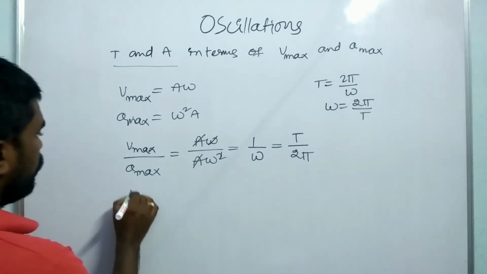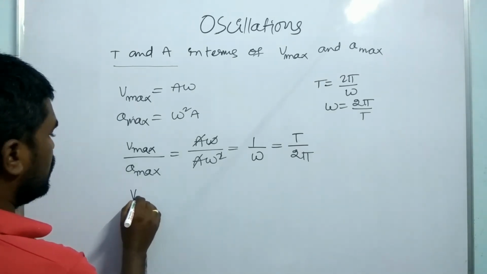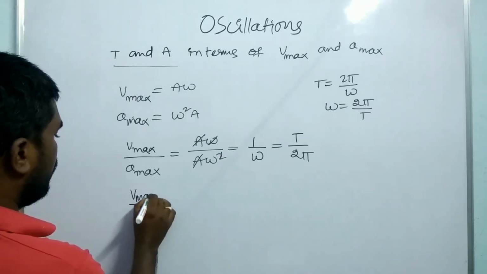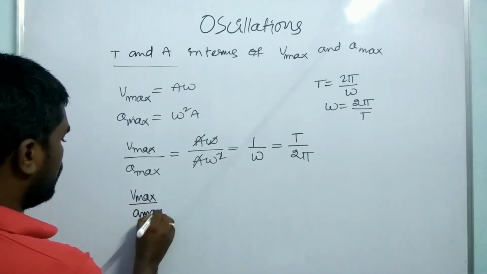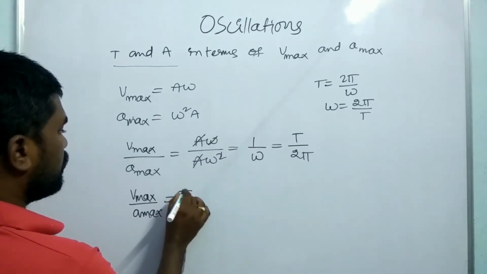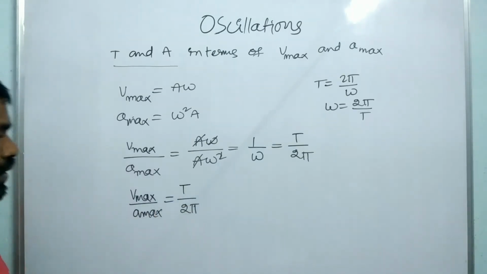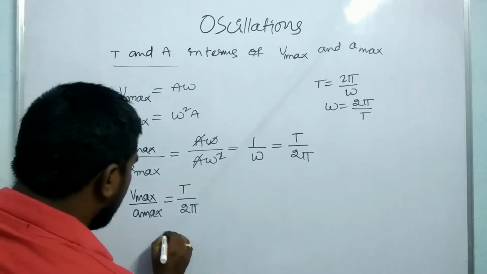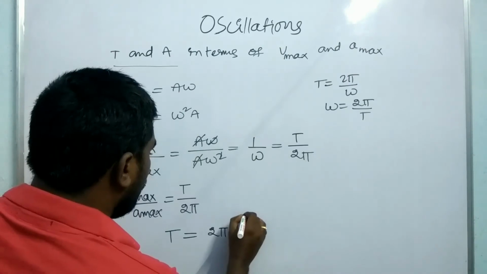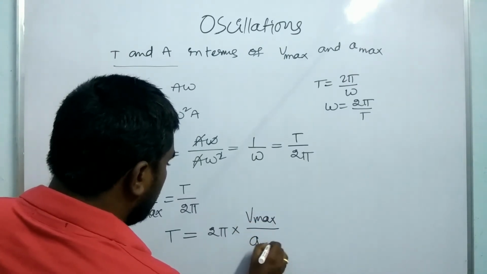Because T is equal to 2 pi by omega, and omega is equal to 2 pi by T, here 1 by omega is T by 2 pi. Okay. So V maximum by A maximum is equal to T by 2 pi. So you can write that T is equal to 2 pi into V maximum by A maximum.